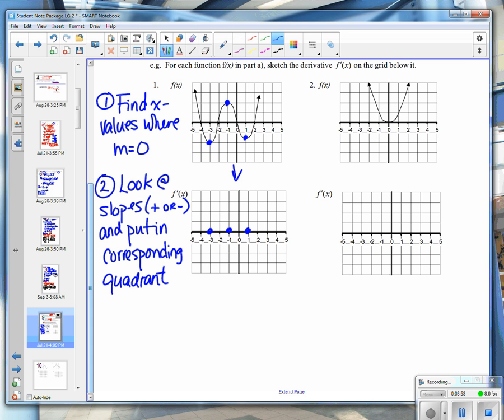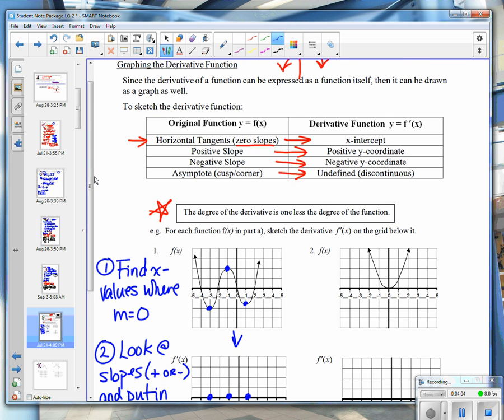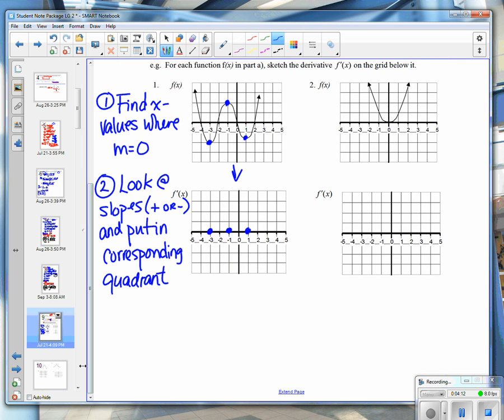So remember, if we come back up to this table up here, a positive slope gives me a positive y coordinate, and a negative slope gives me a negative y coordinate. So what does that look like? Well, let's take a look back at my original graph here. We're going to cut it up into sections according to where those zeros are.